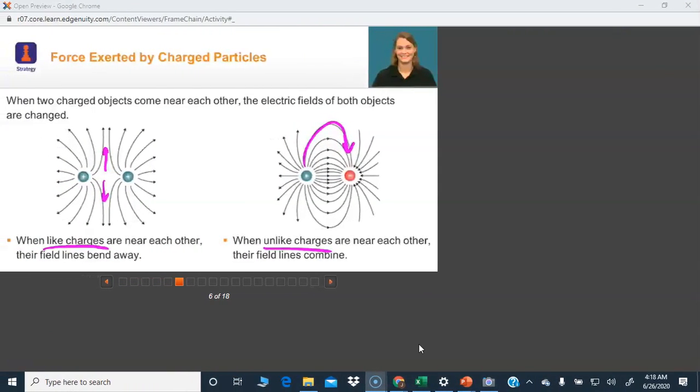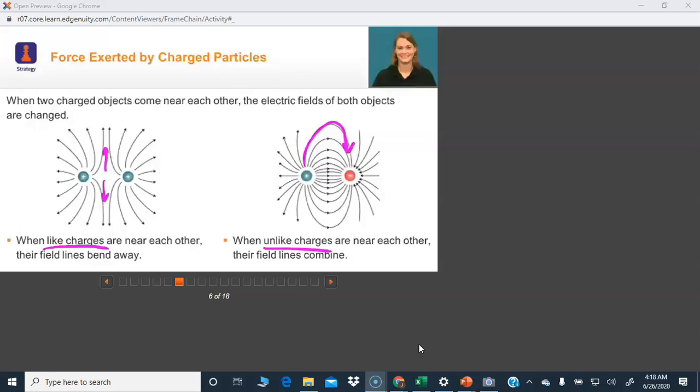All right, so the formal direction of the electric field is from positive to negative, but I want you to think about this. The things that are really going to be moving when we talk about electricity are the electrons. They're negatively charged. So which direction are they going to be moving? Are they going to be moving in the direction of the electric field from positive to negative, or opposite of the electric field from negative to positive?